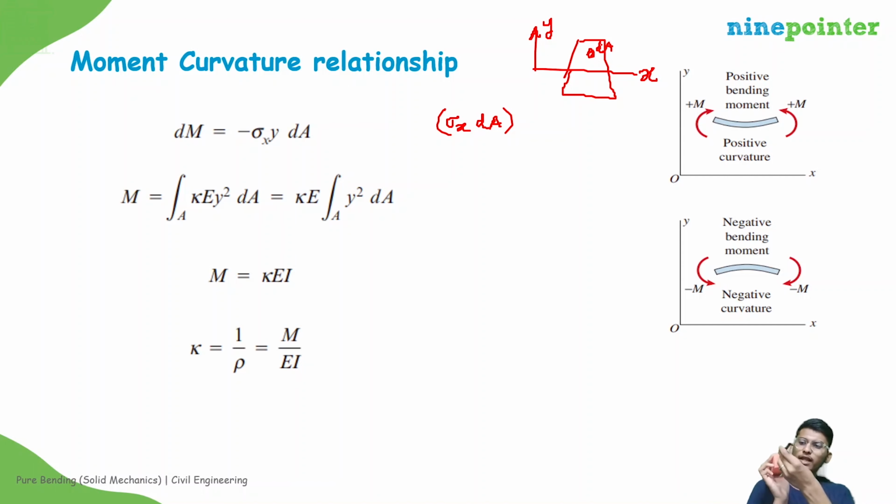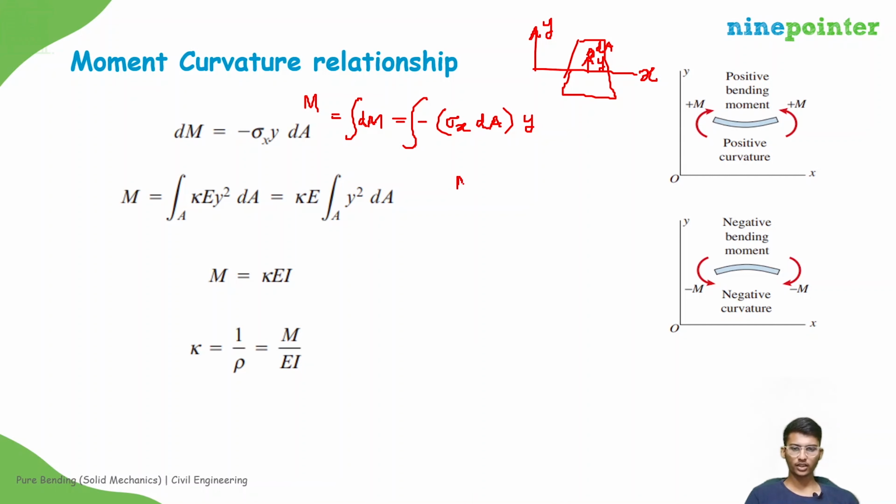So the bending moment will be that force into the perpendicular distance, which is y. So sigma x dA into y. That is causing clockwise, but we take anti-clockwise as positive, so this is negative. So this is dM. If we integrate over the whole area, we should get the bending moment at that cross section.